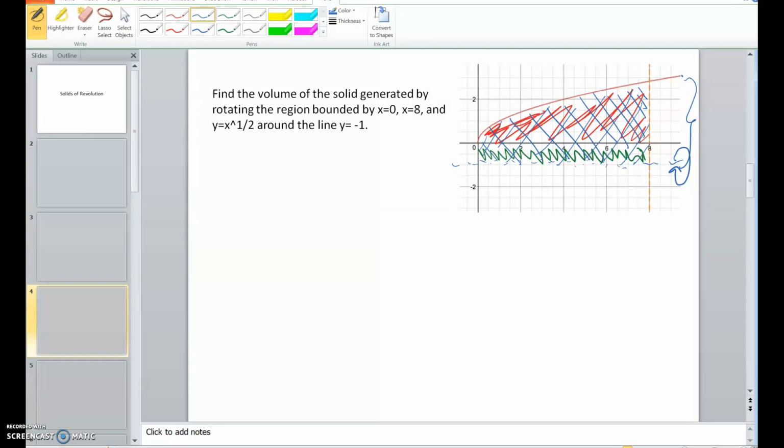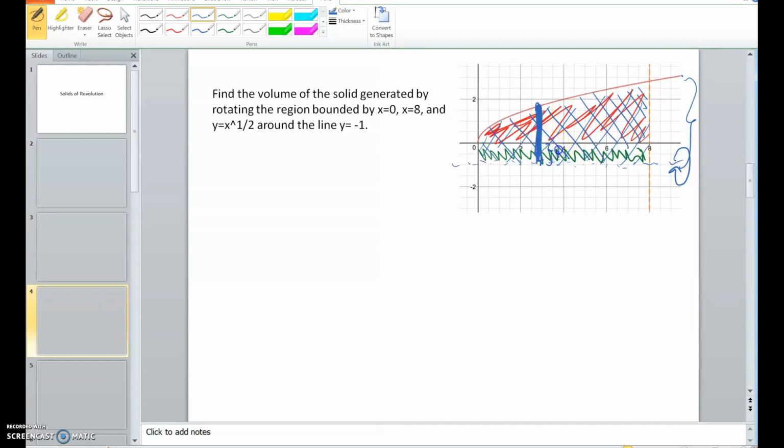So let's take a second and think about the radii of the cross sections that we are going to be creating here. If we think about the radius of a cross section of this blue region, so that's a representative radius there, what is this distance? Well, it's 1.